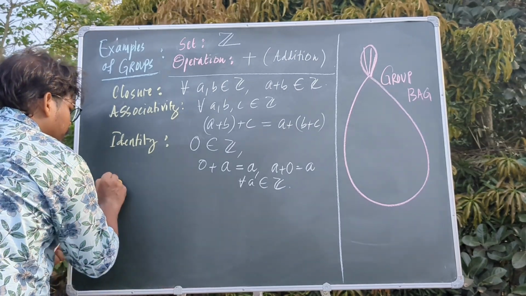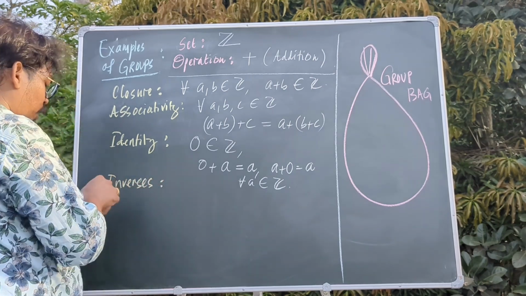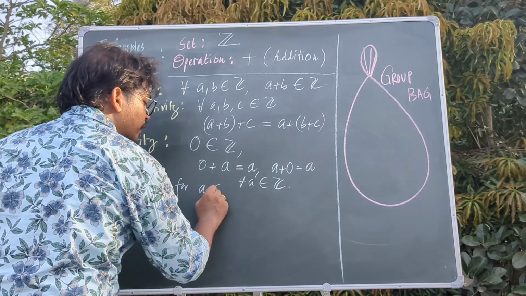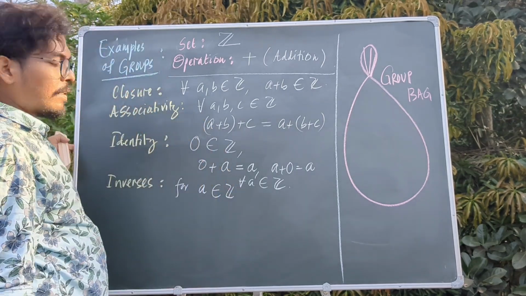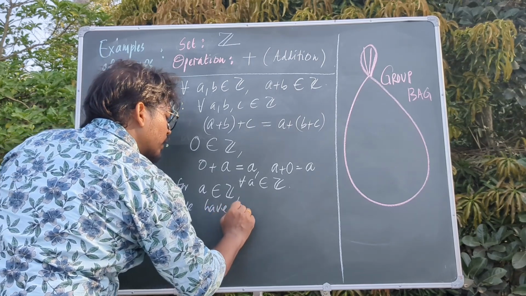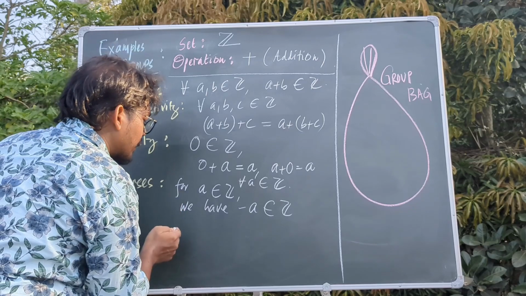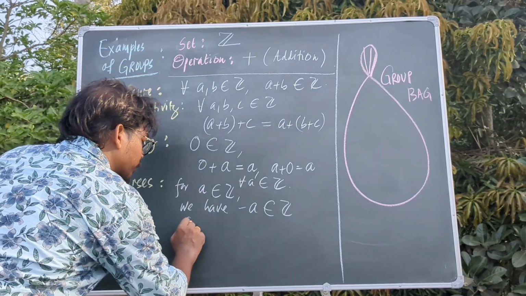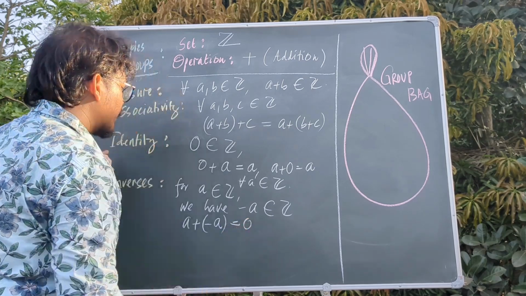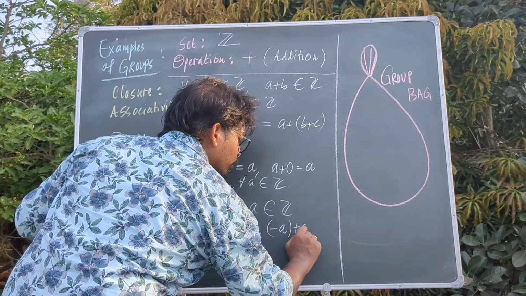Next, inverses. For any element A, an integer, we have its negative, also an integer, and this will act as the inverse of the element A, because A when added with the negative of A will give the identity, and this happens the other way also.